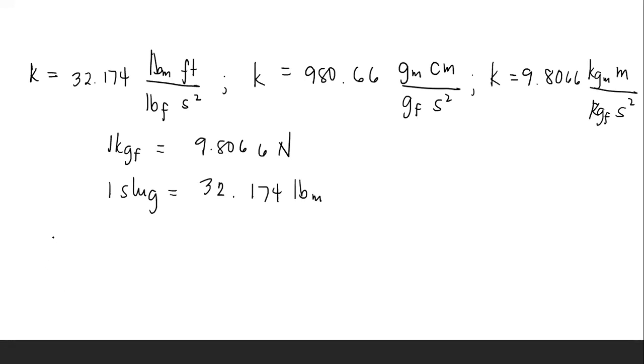Now, for force is equal to mass times the acceleration over k, from that formula we can say that the acceleration is equal to force times the proportionality constant over m, where m is the mass.